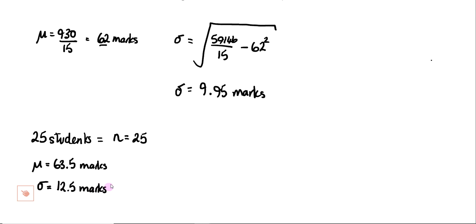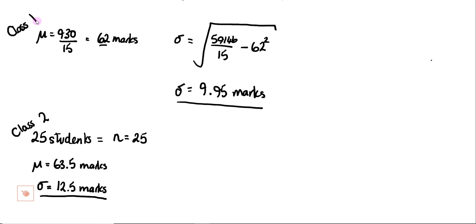Okay. So we are told, however, that the standard deviation is 12.5 marks. So what can you tell me about the difference between 9.95 and 12.5? There's one obvious statement. Don't try and overdo it.